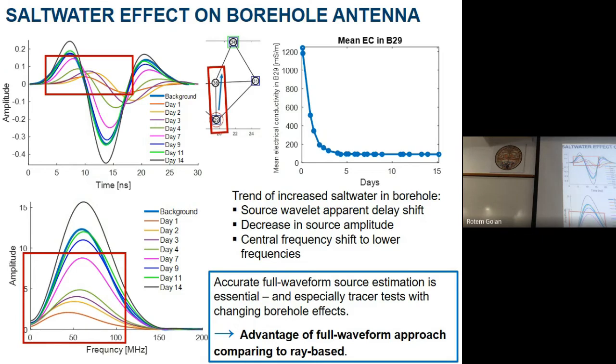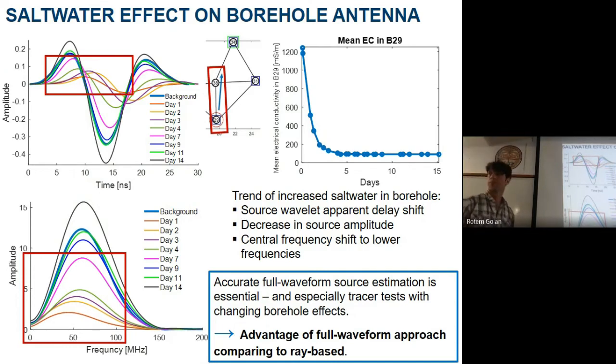So these wavelets are the ones used in the full waveform inversion. If we had a constant source wavelet that we measured at the background, it would affect the accuracy of the full waveform inversion results.